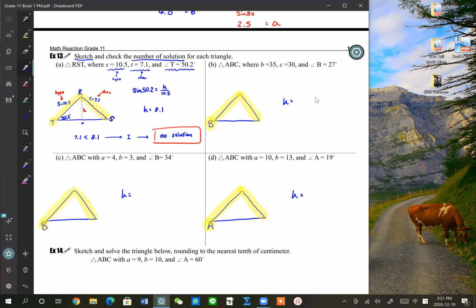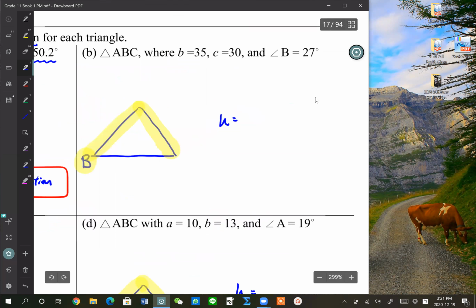By now you should finish B already, right? At least. We'll check the picture. Jason, could you go to the notes for case 2? I didn't copy that one down.